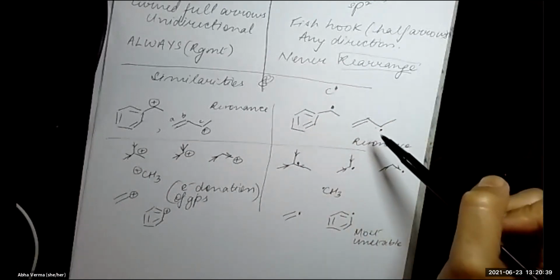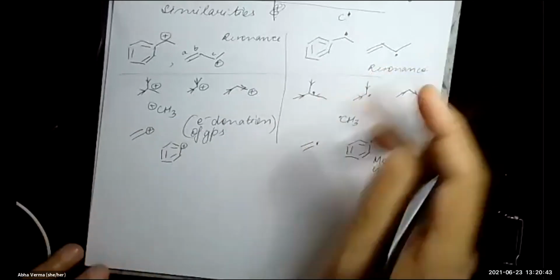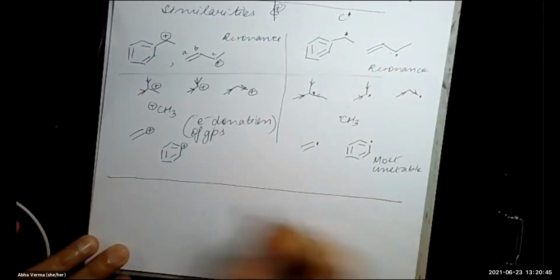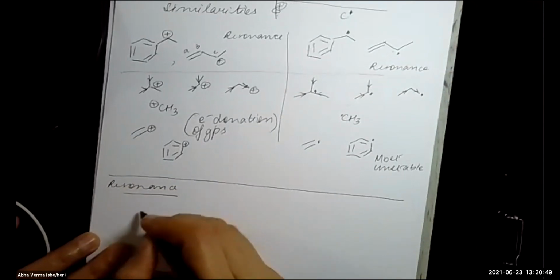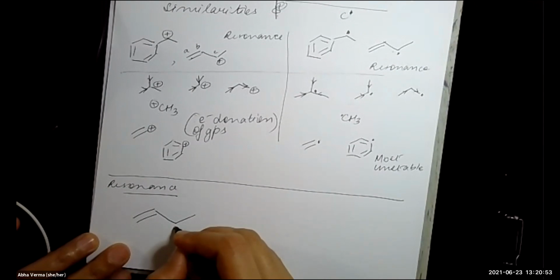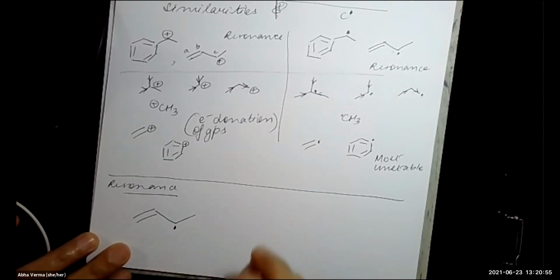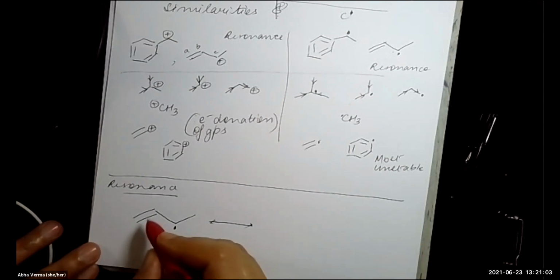So let's look at the allylic radical first. Whenever you have a possibility of formation of a radical, it will undergo resonance. What is the resonance that this will do?